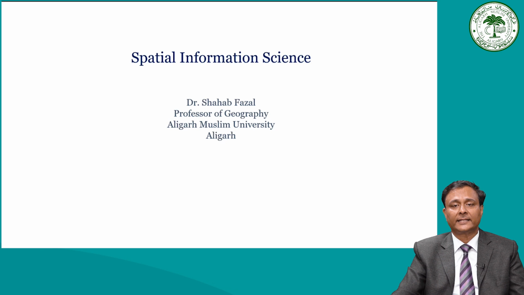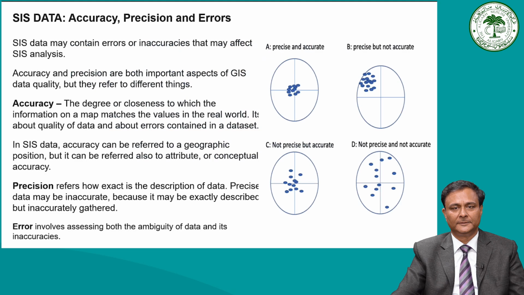The data's accuracy is very important. The precision, the resolution of the data, that is also important. And if they are not at appropriate consistency, then there might be certain errors. So in this section, we would be highlighting these issues related to spatial information science.